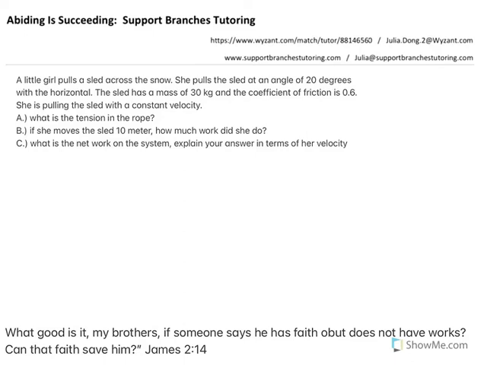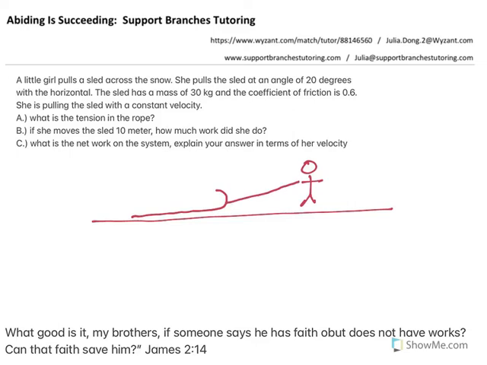So I'm going to draw our little girl with our sled again. Okay, she's pulling this sled, right? And she moves it a distance of 10 meters. And we said that the work from the tension in the rope was equal to 2,257 joules. But this is not the only force here.